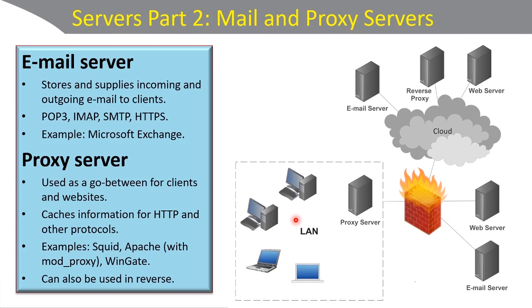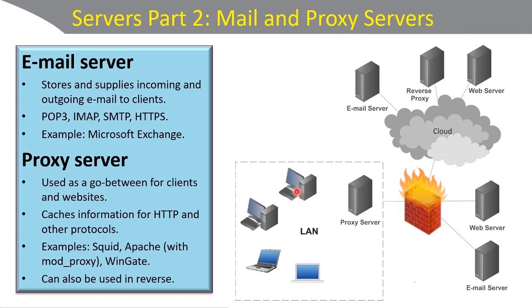Now, proxy can also be used in reverse. To protect a web server, an organization might implement a reverse proxy. This device is placed within the area of the network where that web server resides. Requests from clients on the internet are forwarded by the reverse proxy to the web server.